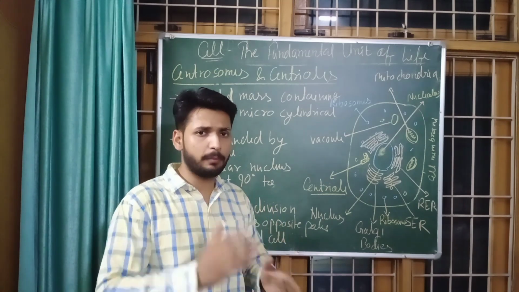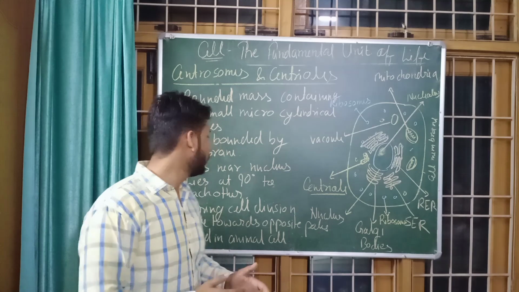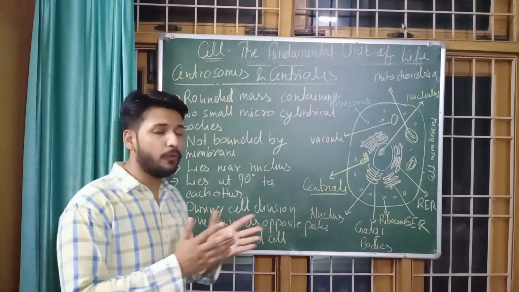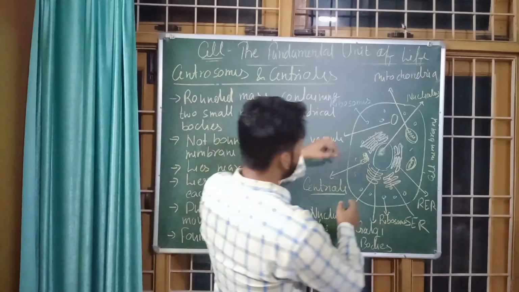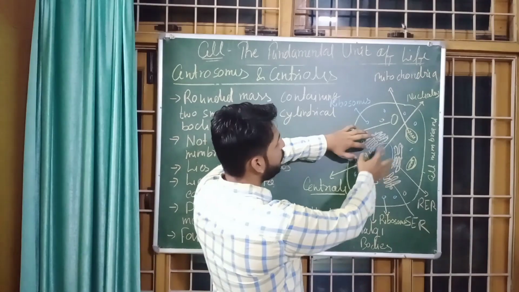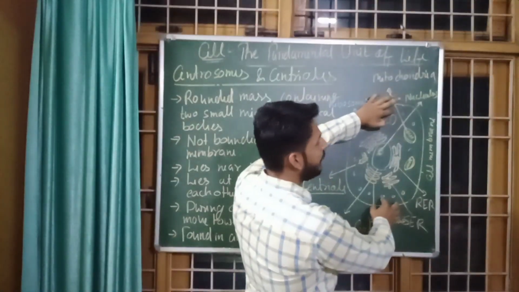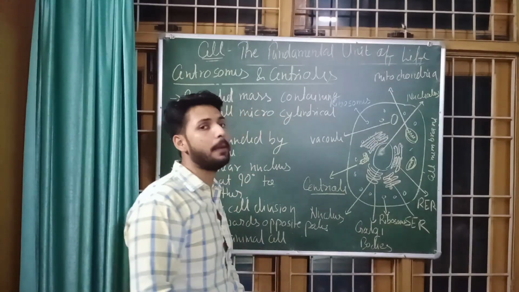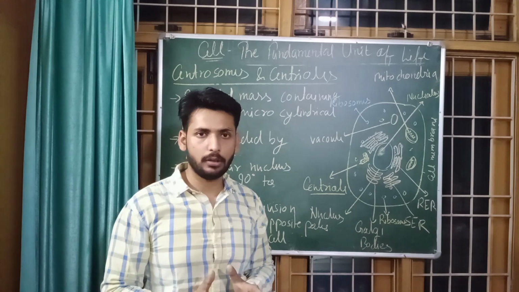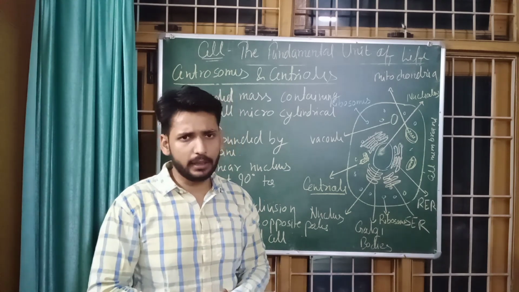In this way, with the help of a diagram, I will show you how they are formed. Next, during cell division, they move towards the opposite poles. Suppose these are present here near the nucleus. When cell division starts and the nuclear membrane disappears, they start moving towards opposite poles and form the spindle fibers by which chromosomes, or their chromatids, are attached; that you will study in higher classes.